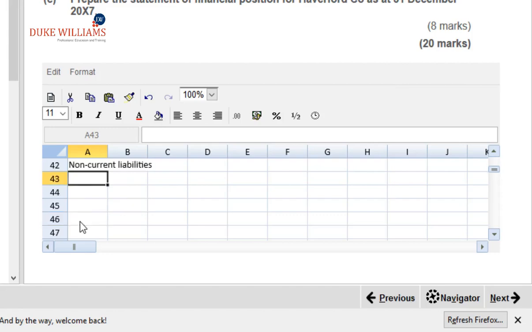Okay, because I see on the trial balance we have a loan note, so I'll put the 4% loan note, waiting for my workings and my adjustment.